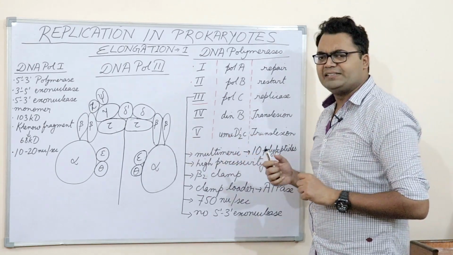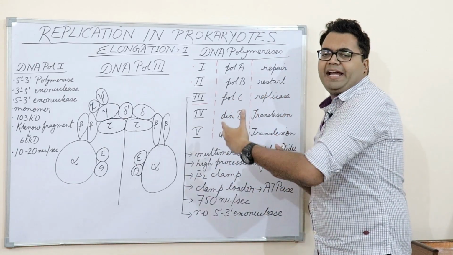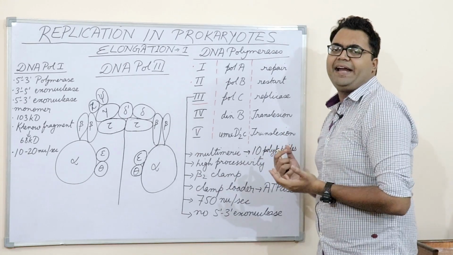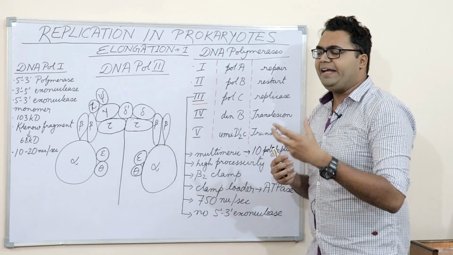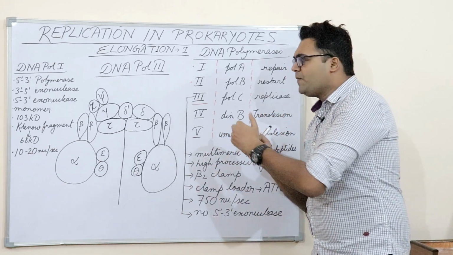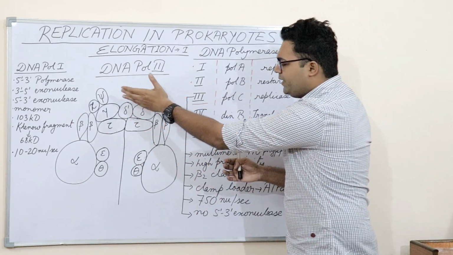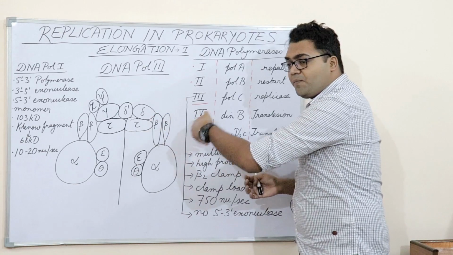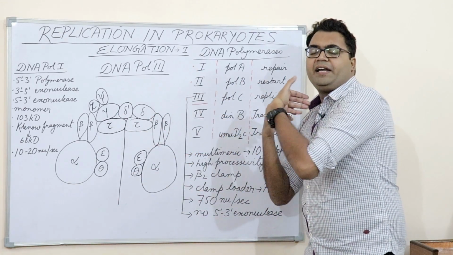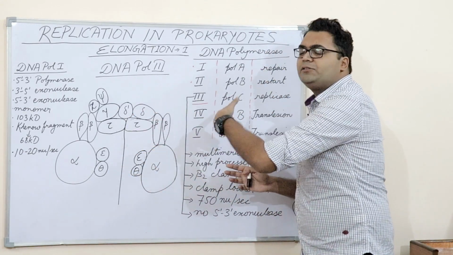Now the clamp loader, what it does is, the specific clamp loader, the theta part, interacts with the ATP and causes the ATP degradation, dissociation of ATP into ADP plus Pi, and the energy produced, it's still a topic of huge research, can either cause the loading or can cause the complete dissociation of the clamp loader after it puts or loads the complete clamp and the core polymerase onto the DNA.